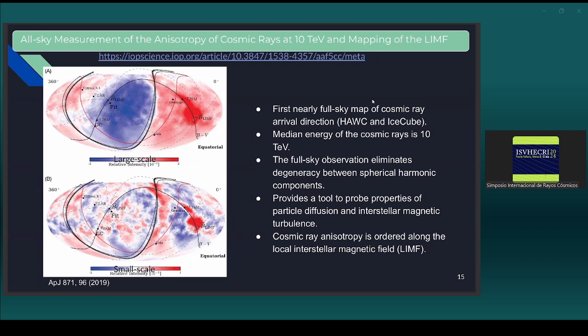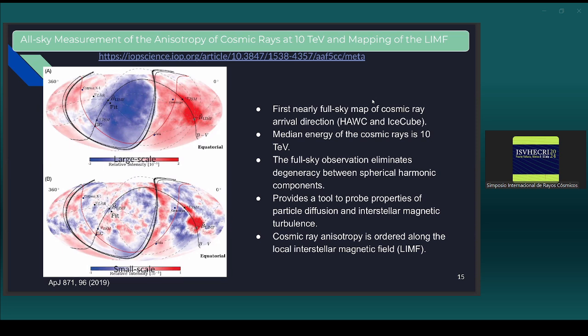In fact, at large scales, you can see the local interstellar magnetic field line depicted here with this black solid line. And as you can see, the deficit and the excess that we see are kind of perfectly separated by this line.